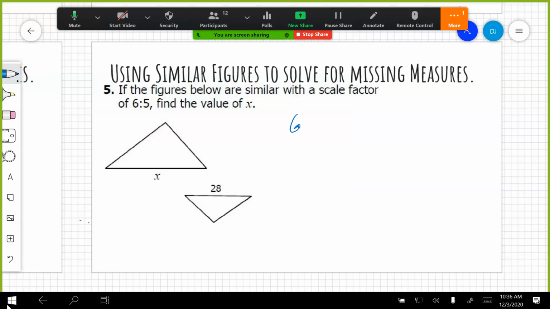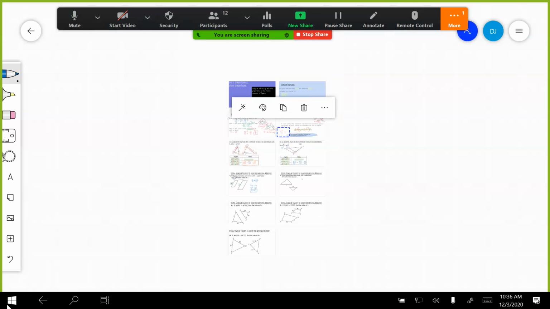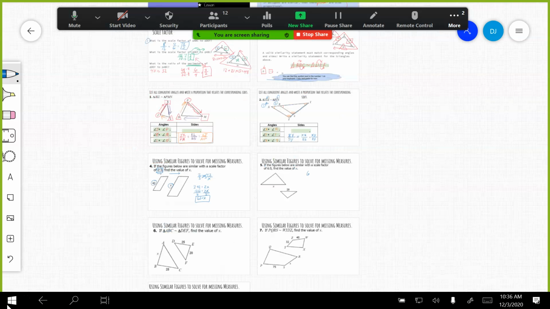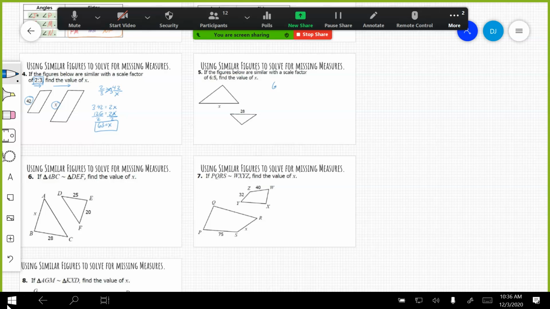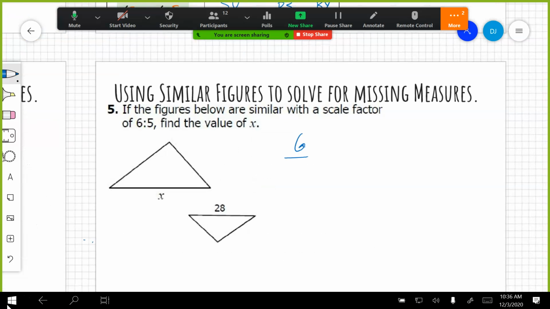So you have 6 divided by 5. Whoa, computer, stop messing around with me. 6 over 5 equals 28 over x. Watch out, you have to go left to right. And you can see by your ratio that this is going to be large and small.